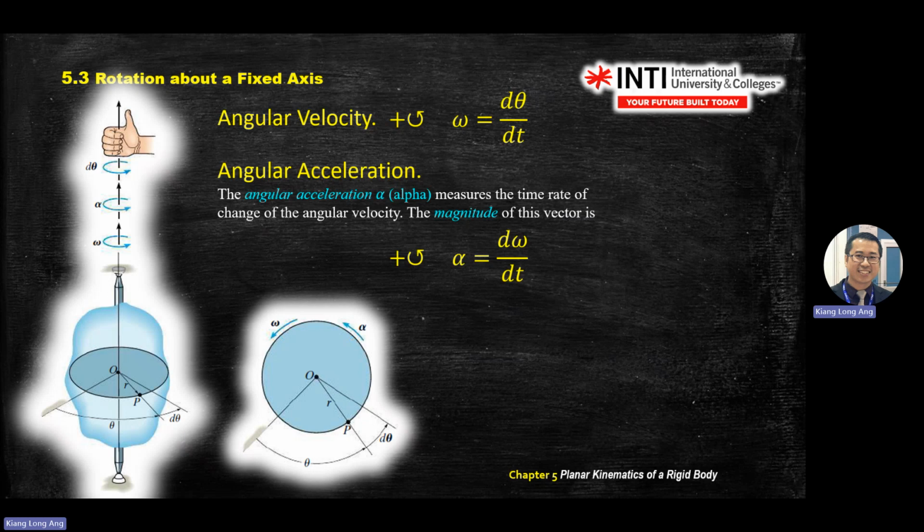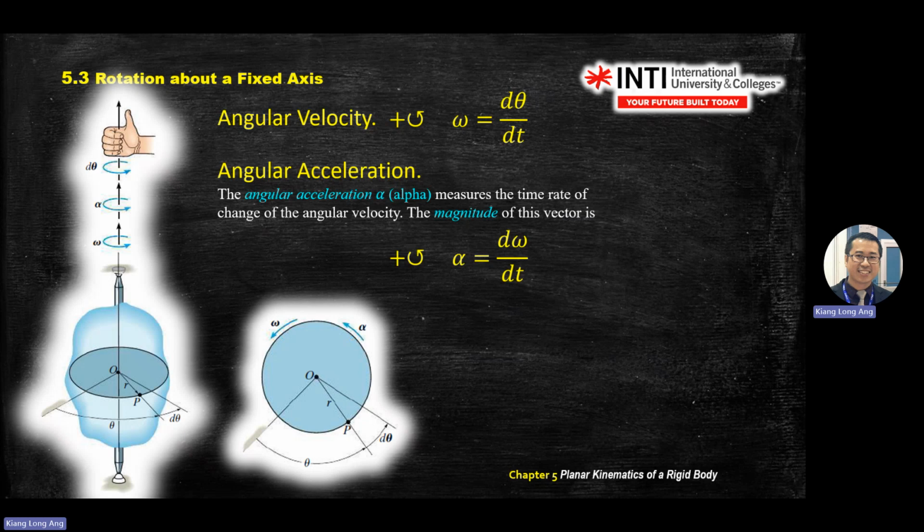It's the same concept like chapter 1. A equal to dv dt. In this case, your velocity is omega, so you just d omega dt. It's the same. It only introduces you the new parameter in rigid body.